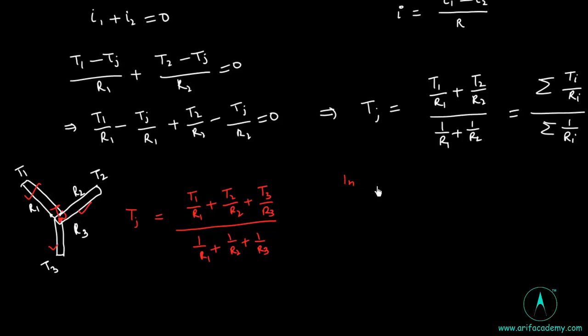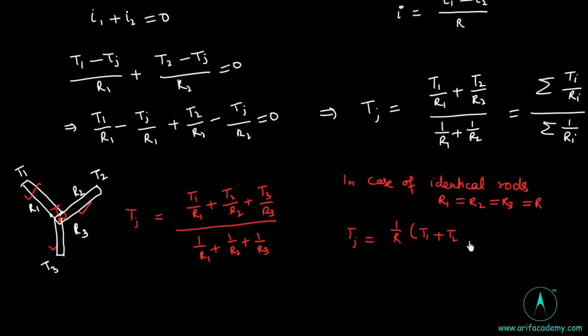In the case of identical rods, we have R1 equal to R2 equal to R3, so let's say this equals R. So the temperature of the junction equals, we put R here, 1 by R as a common factor, (T1 plus T2 plus T3) upon 1 by R times 3, that is 3 by R. So this comes out to be (T1 plus T2 plus T3) by 3 in the case of identical rods.